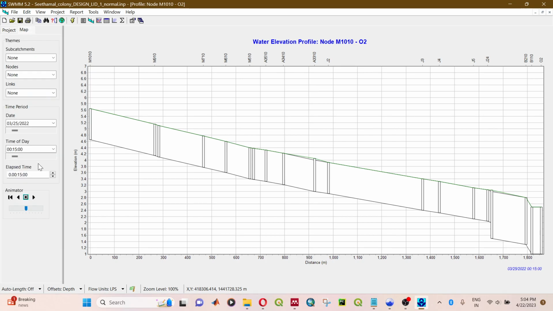If I animate it, you can see how the water level varies with respect to the rainfall input. The rainfall intensity increases slowly and then reaches a maximum. This is how flow typically takes place in the drain. And the rainfall is receding right now.